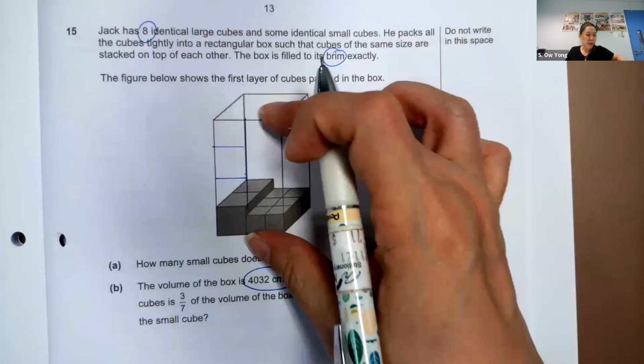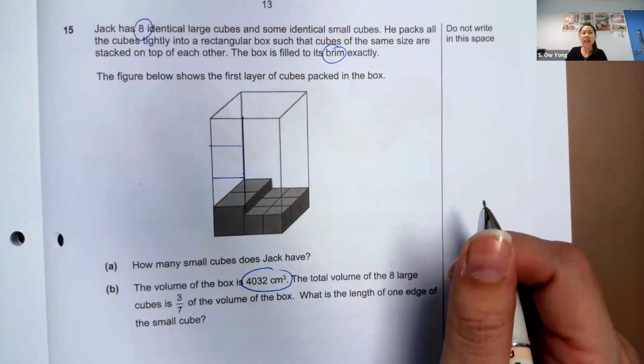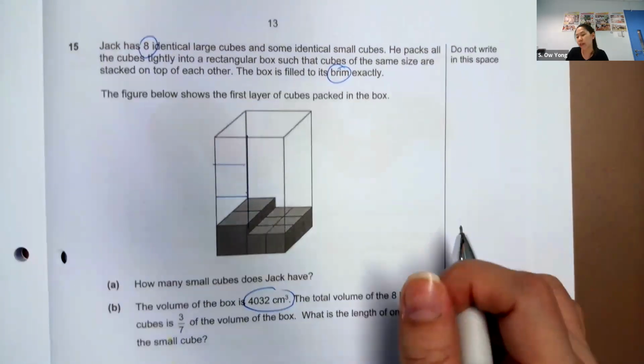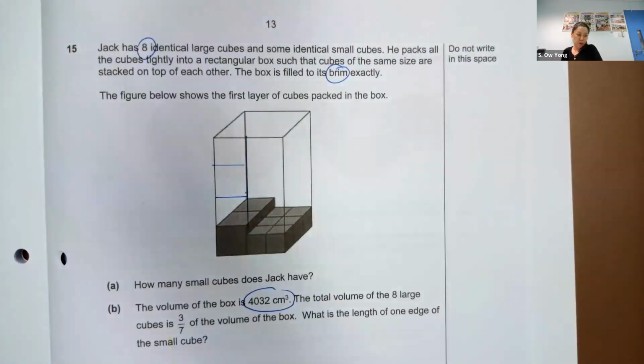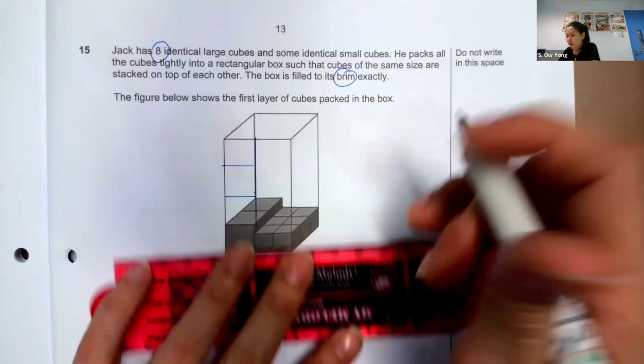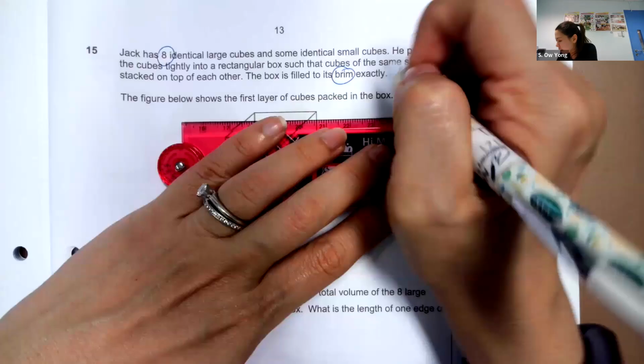Now the problem is, how about the small? Taking into account that these are cubes, all the sides are the same. So I'm going to redraw it to show you horizontally how it looks. Let's take this one as the large cube.